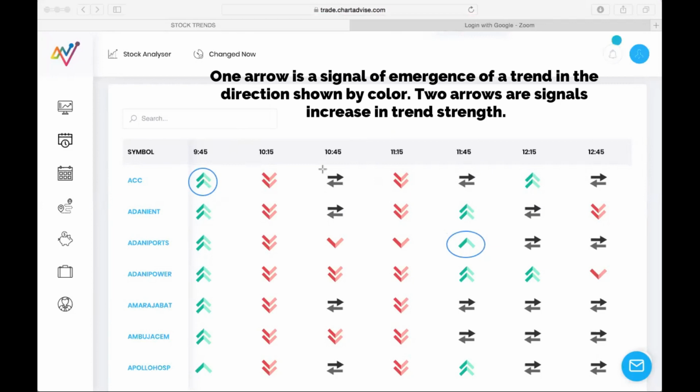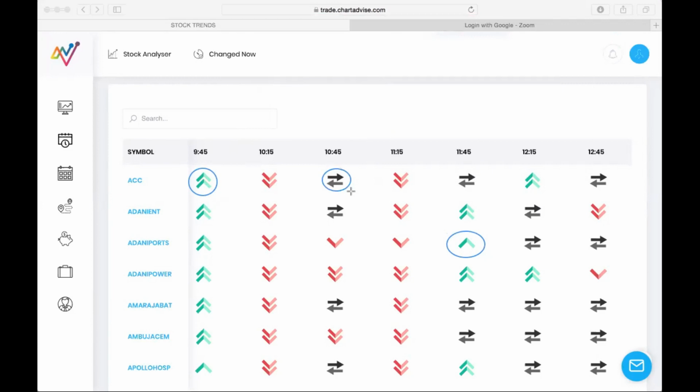If you see a black arrow, it denotes that the stock has been non-trended during that point in time. A double red arrow is indicative of a strong downtrend. And a single red arrow, like here, indicates a mild downtrend.